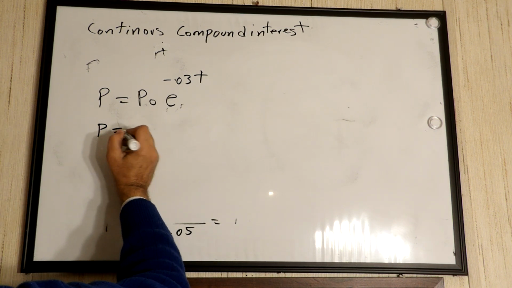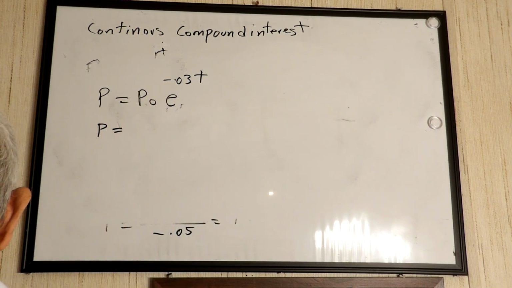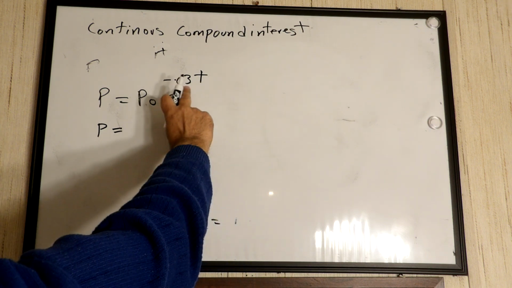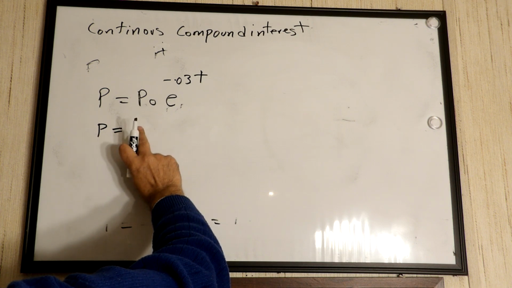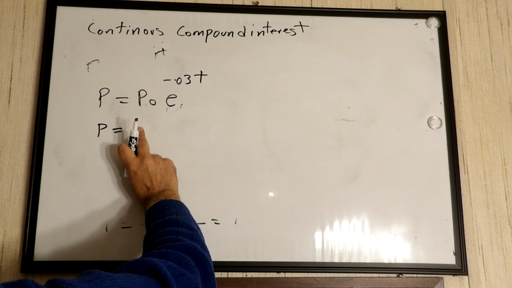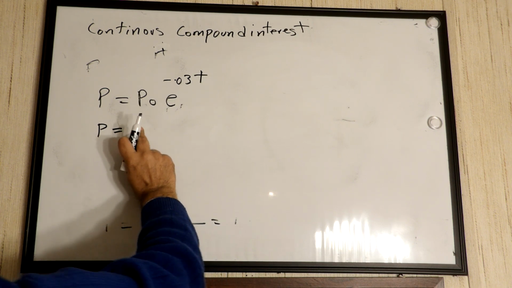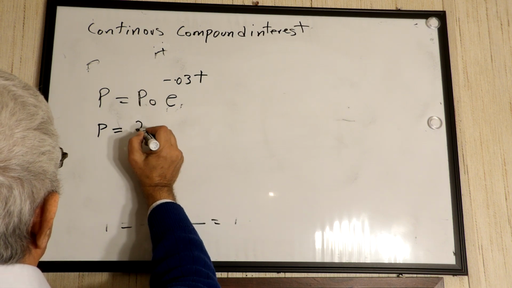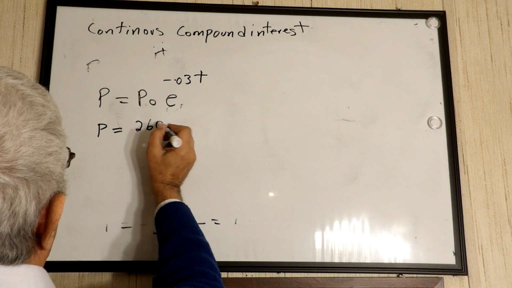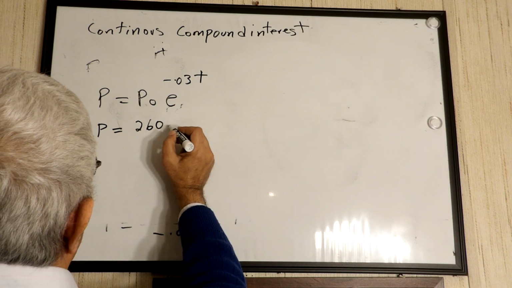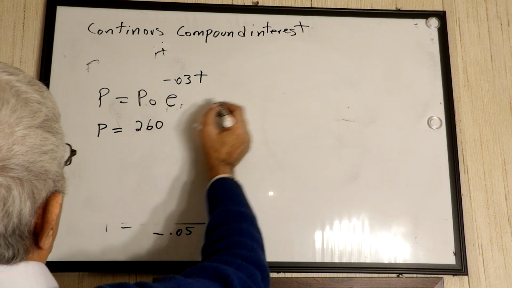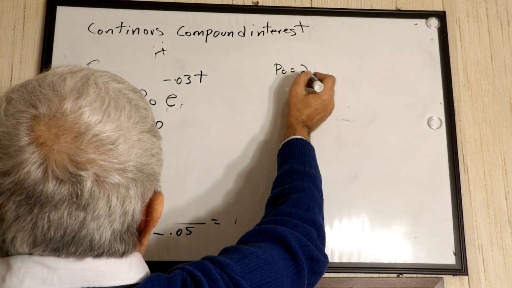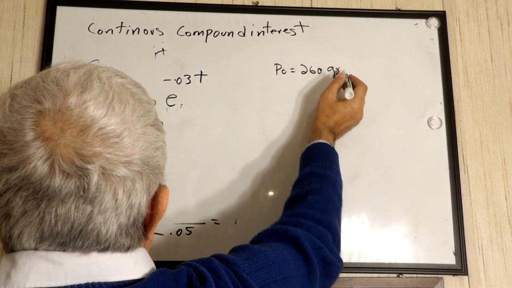Say you have a radioactive substance that decays, and P0 is 260, suppose it's grams. P0 is equal to 260 gram.